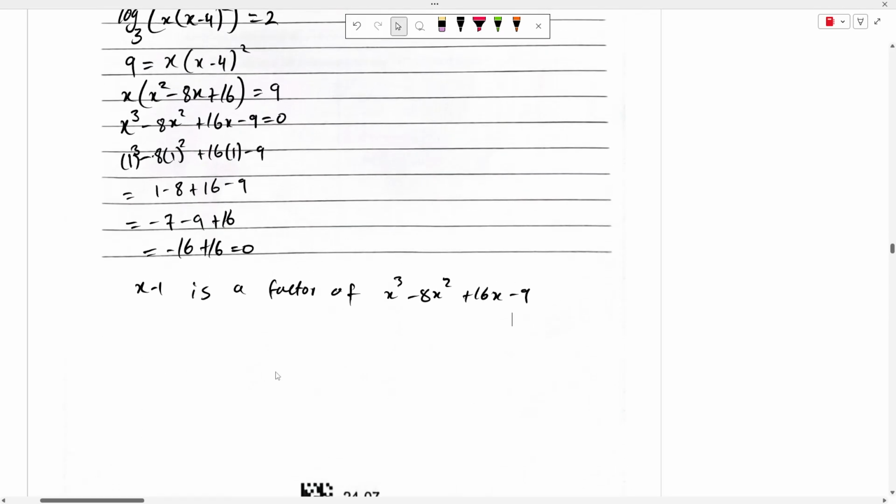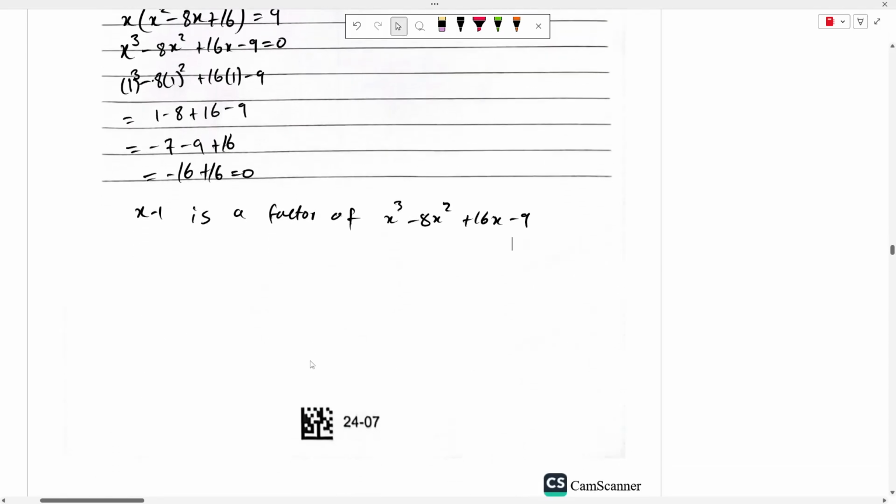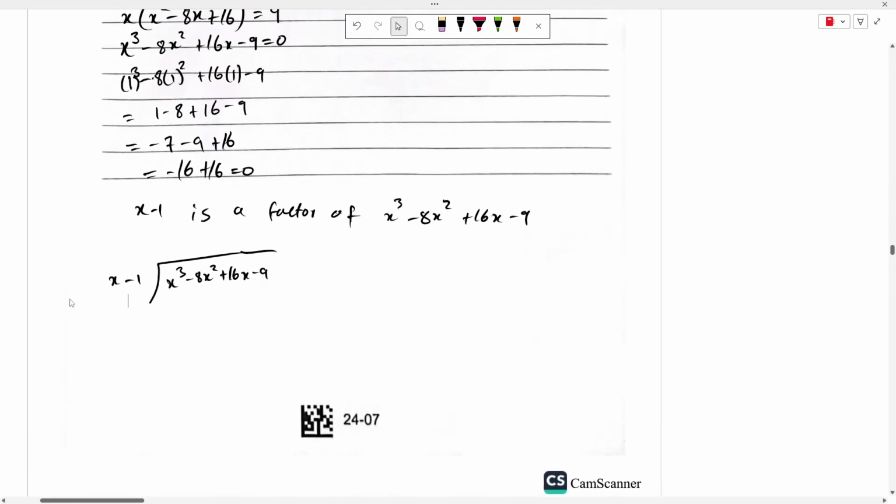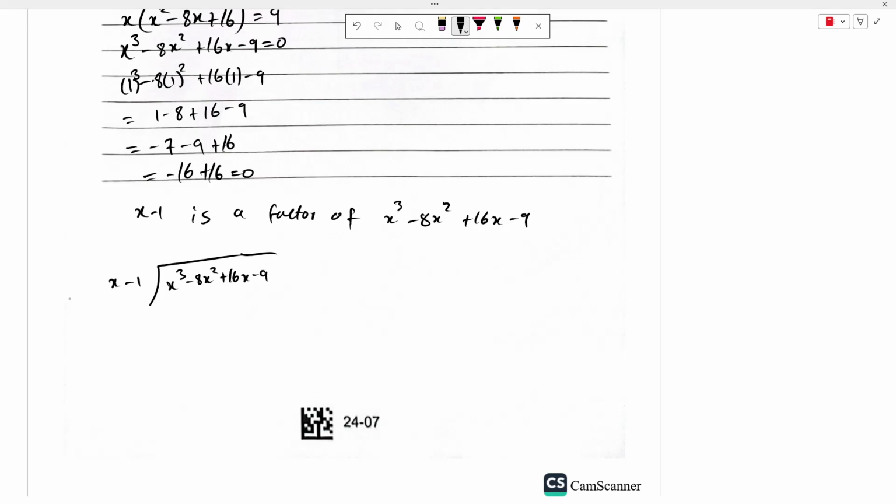Now we're going to have to do something that you probably haven't done in a while, right? That's going to be polynomial division. So we're going to get x cubed minus 8x squared plus 16x minus 9 divided by x minus 1. And because it's a factor, the remainder should be coming out to be 0. So the first term here is going to be x squared.